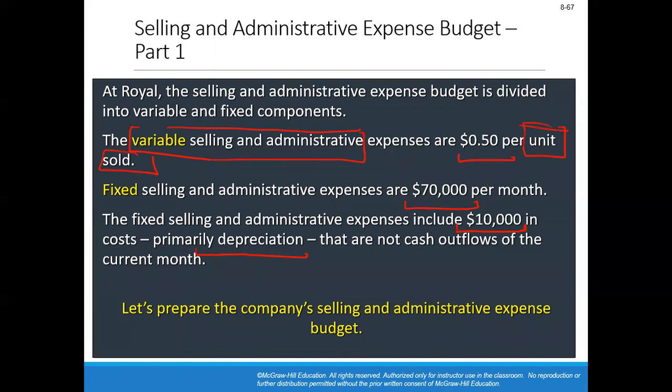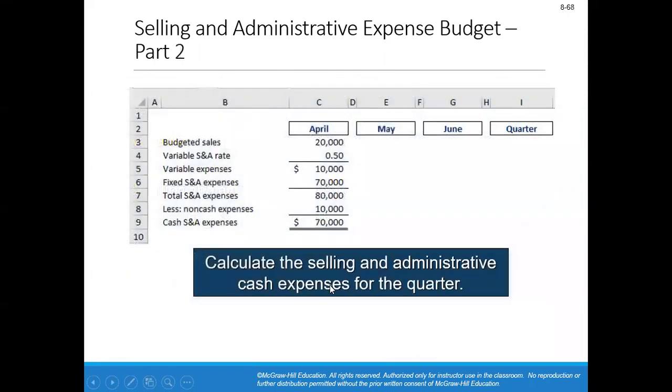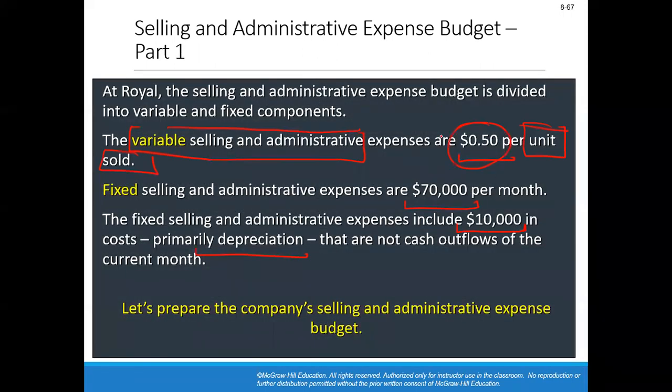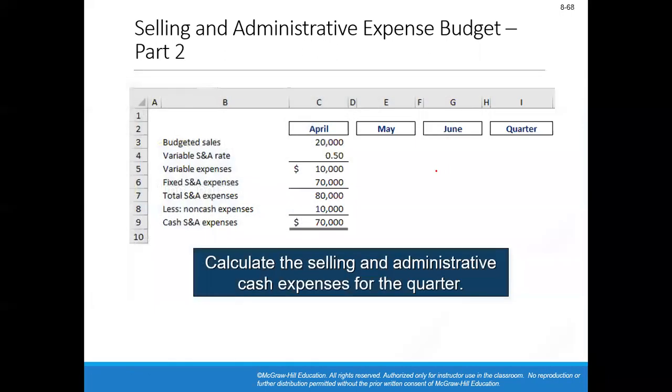So we should start with the number which is the sales unit. Now, if we have the sales units, we can then apply the variable selling and administrative expense rate, which is $0.5 per unit. We multiply these two, and we get the variable selling and administrative expenses of 10,000.